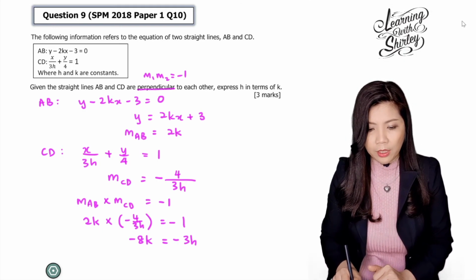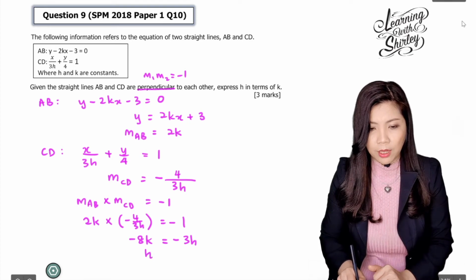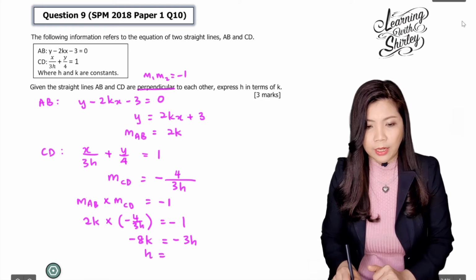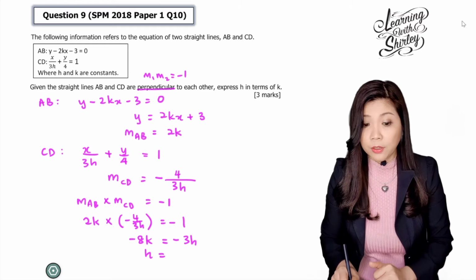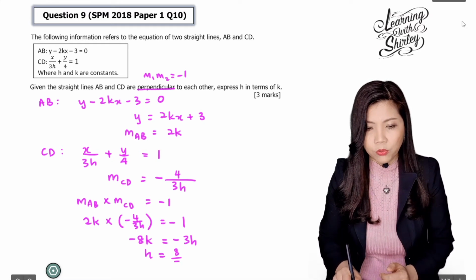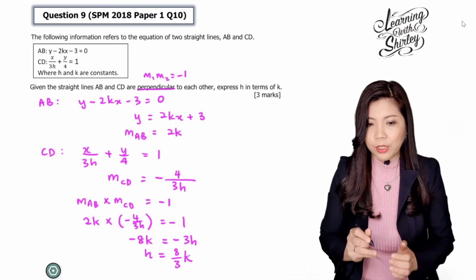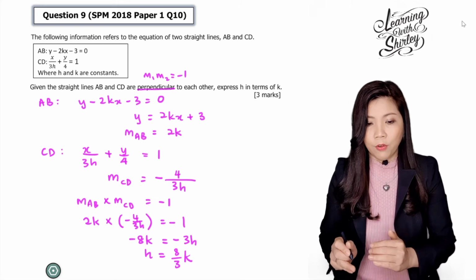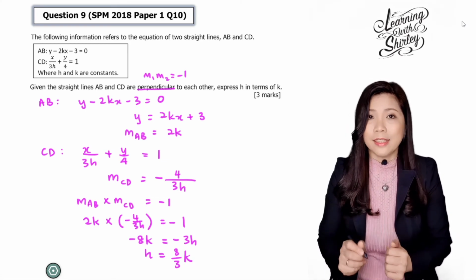So the negative 3 shifts over to the left, so it becomes positive 8 over 3, and k. So this is the answer, which expresses h in terms of k. Therefore h equals 8 over 3k is the answer.